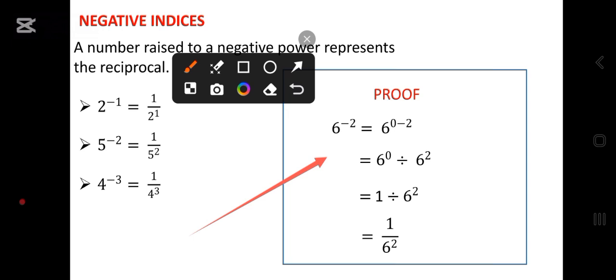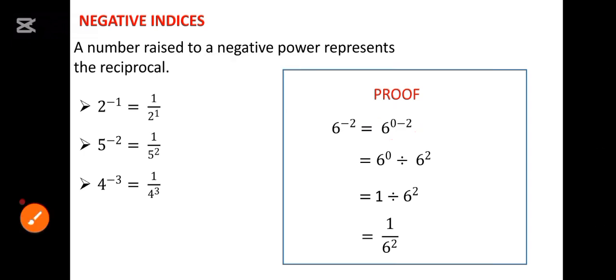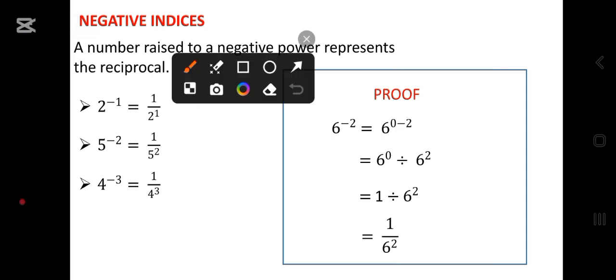I'm going to use 6 raised to power minus 2 to prove it. We know that 6 raised to power minus 2 is 6 raised to power 0 minus 2, which we have here. 6 raised to power 0 minus 2 can be expressed in this form, where we have 6 raised to power 0 divided by 6 raised to power 2.